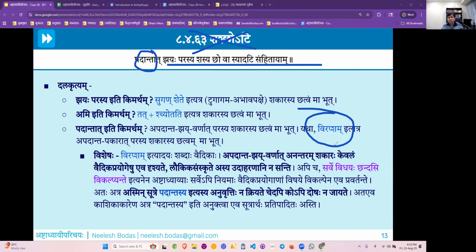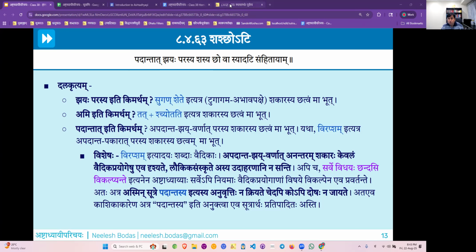And if you don't use Shashchoti, there is no question of Shakara getting converted to Chakara. Therefore, by this paribhasha, Ashtadhyayah sarvepi niyamah Vaidika prayoganam vishaye vikalpena eva pravartante. Atah asmin sutre padantasya ityasya anuvrittih na kriyate chedapi doshah nasti.